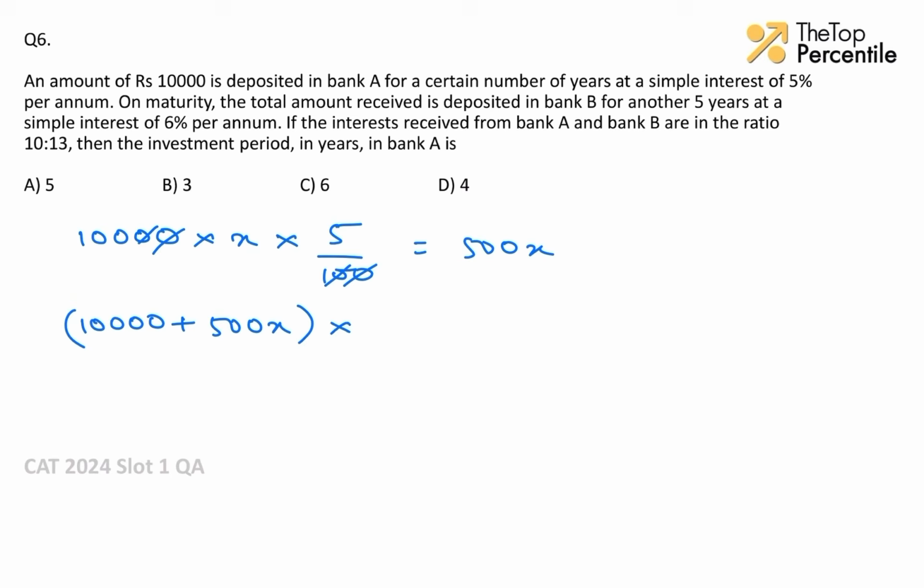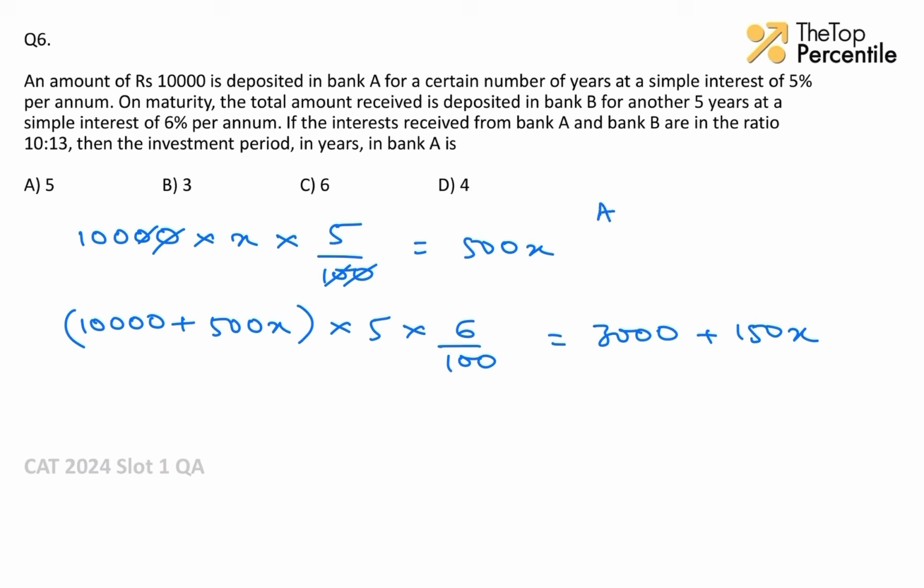This will be kept for another 5 years at 6%. So 5 6s are 30 by 100. Multiplying it by 10,000, it will give me 3,000, plus 30 by 100 into 500x. This will give me 150x.